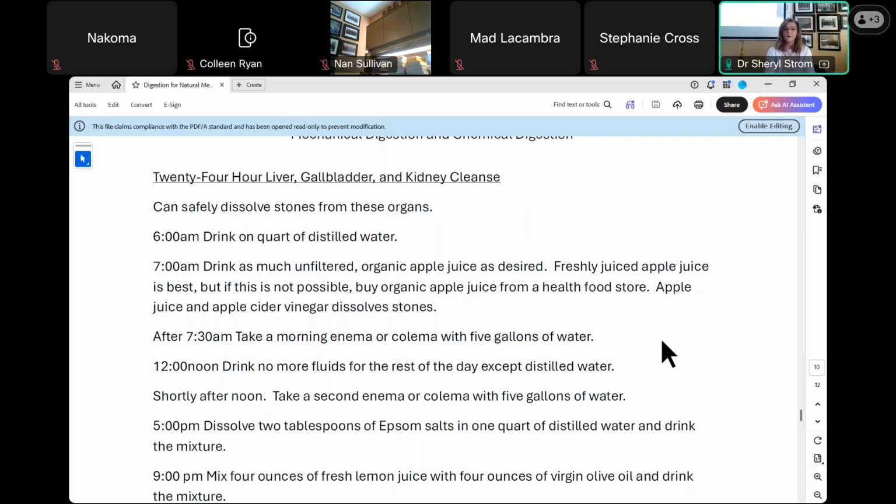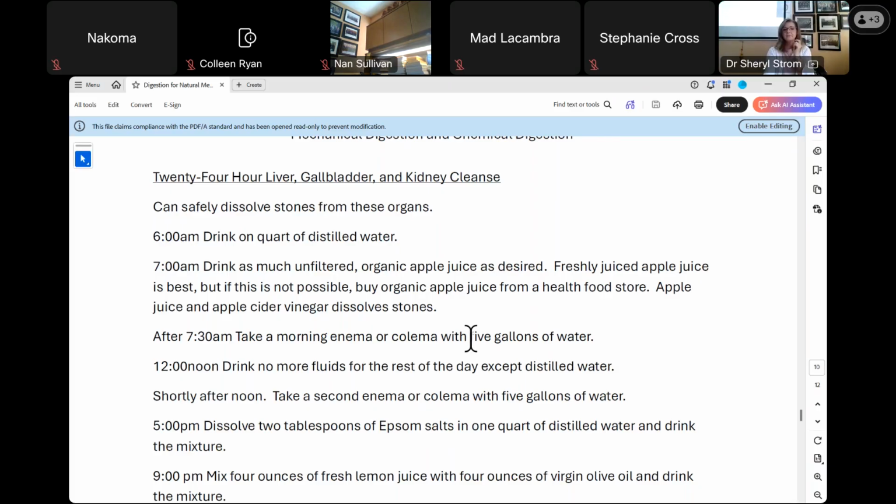Take a morning enema or Kalima with 5 gallons of water. Whoa, you do it slowly, slowly. A lot. They can hold it. Yep. You go slowly. If they can't do the 5 gallons, try the 1 gallon first.